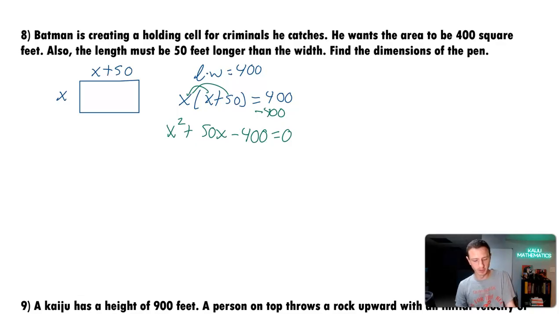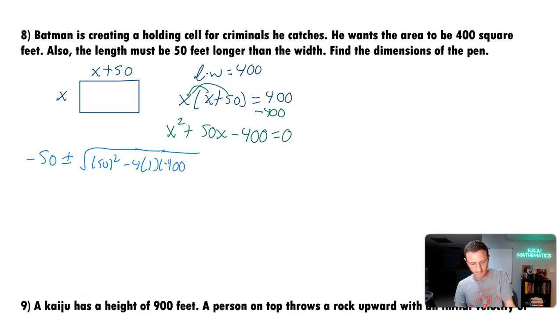So now let's jump into the quadratic formula. Negative b plus or minus the square root of b squared minus 4ac. Oops, that's negative 400. There we go. All over 2a.